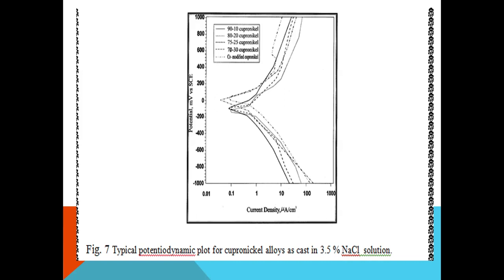Low corrosion current density led to high corrosion resistance. The chromium modified copper-nickel in the potentiodynamic plot provides low corrosion current density, which led to high corrosion resistance.